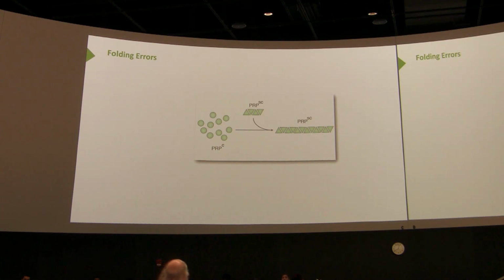And that's what you see happening here. PrPSc, that's the misfolded protein. You can see that it's inducing normally folded protein to misfold into the triangular shape. And that triangular shape makes long polymers that creates the plaques that I described to you. Okay?